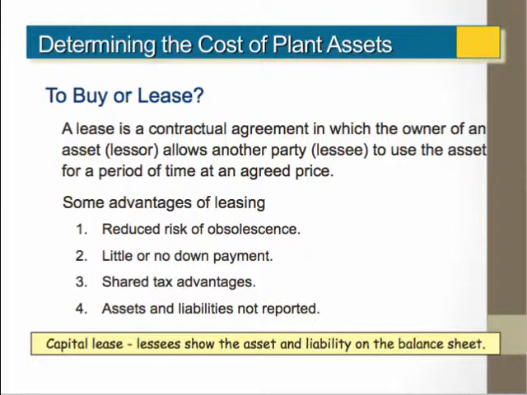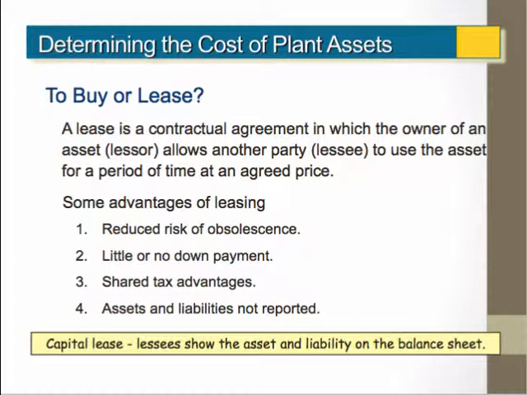An operating lease is where the company that leases to the user maintains ownership and charges the fee for usage. And the expenditure for the charge for the usage is treated as an expense on the lessee's income statement. There is no asset on the lessee's balance sheet because it's an operating lease.